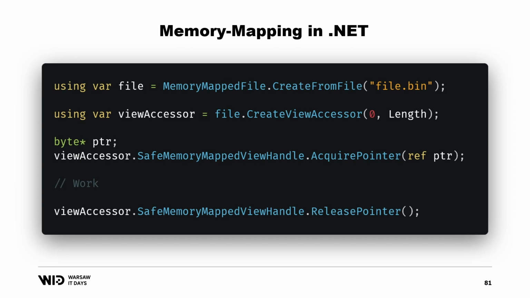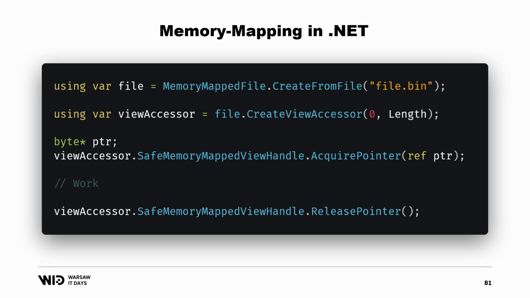So instead, it is possible to map only small sections of the file, one at a time, in a way that makes them fit. In our case, we will be working with 64-bit pointers, so we can just create one view accessor that loads the entire file.